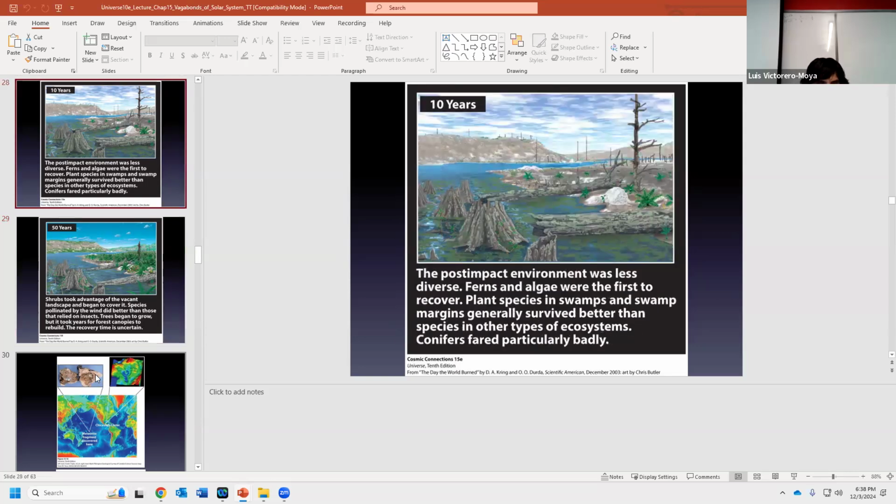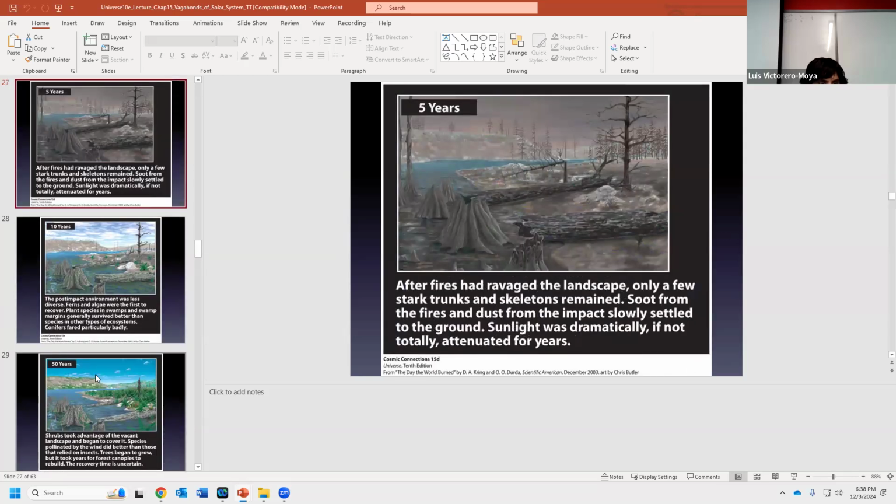You can still see water 10 years and even 5 years after the impact. And that's key for the evolution of life. If water had dried, then the picture of the Earth may be a bit different. Okay? So the Earth has survived this extinction level event.